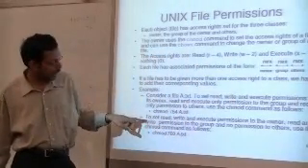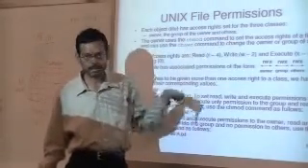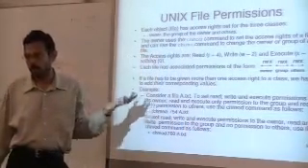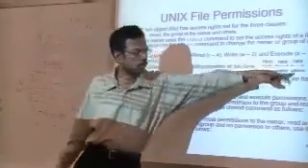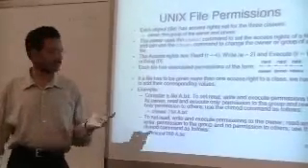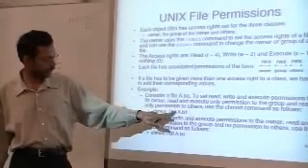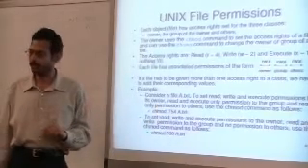If you want to give read and write permissions to the group, 4 plus 2 is 6. And you don't want to give any of these three permissions to others, the third group, so you have a 0. If you want to give them execute permission, you put a 1. If you want to give them just a read permission, you get 4 and so on. Okay.